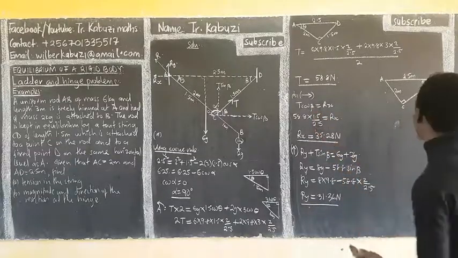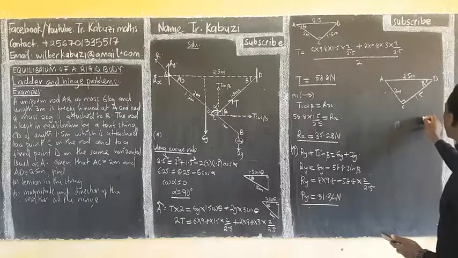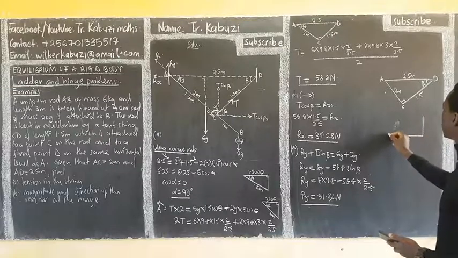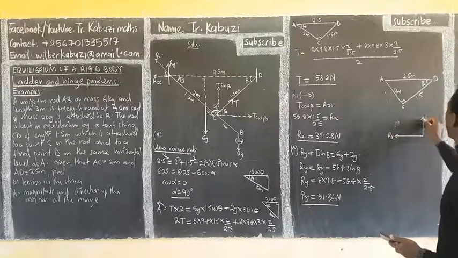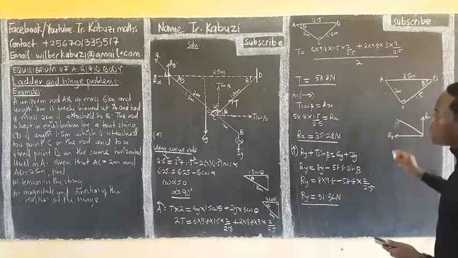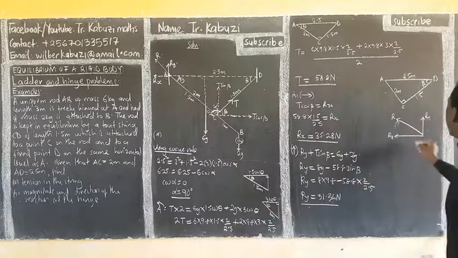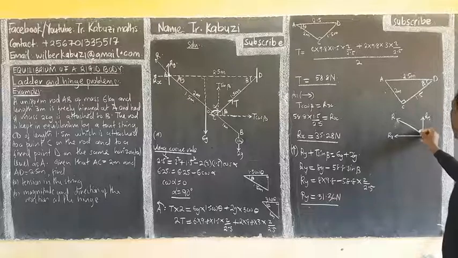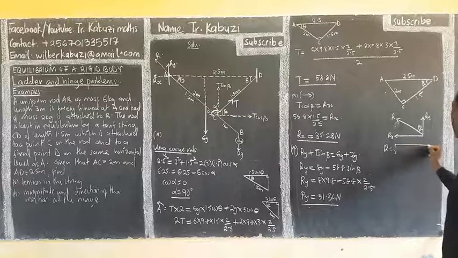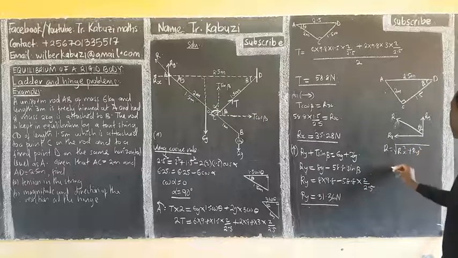Now, this is where our reaction was. So our reaction was having this and then this. So this is our horizontal component. This was our vertical component. Then our reaction was acting in that order. So this was our R. So my R is going to be the square root of the x component squared plus the y component squared.